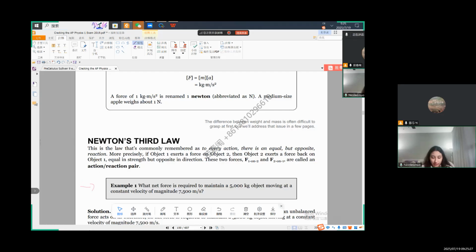Can we do this one together? You can already see they say net force required, which is the second law. Which one do you want to use?